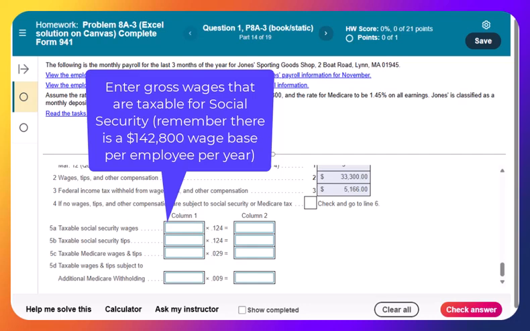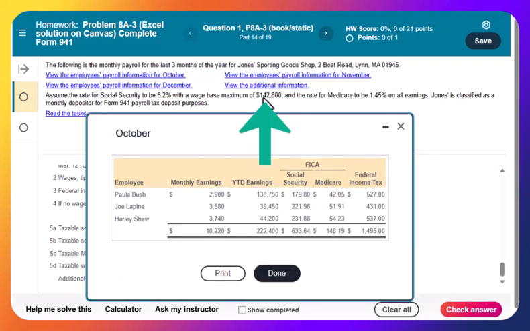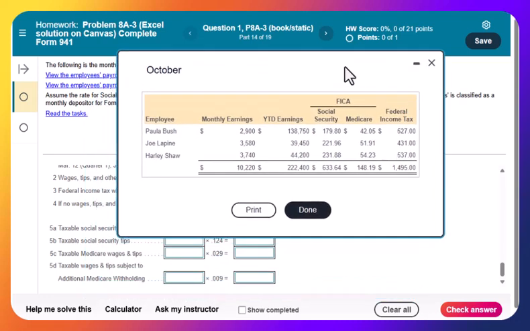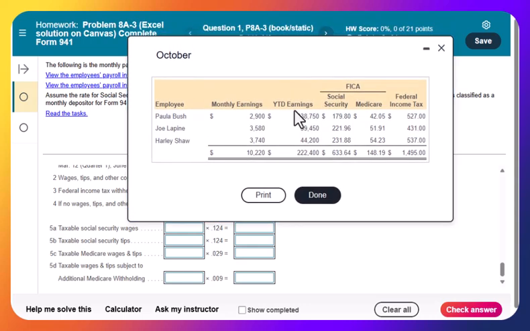Where we go into October, we have $10,220 of gross wages. Are all of those wages taxable for Social Security? Well, we have to remember, what's the wage base limit for Social Security? If you forgot, that's the $142,800, and it's listed right here. So let's look at the year-to-date earnings, which means the earnings for Paula as of this period, including this pay period.